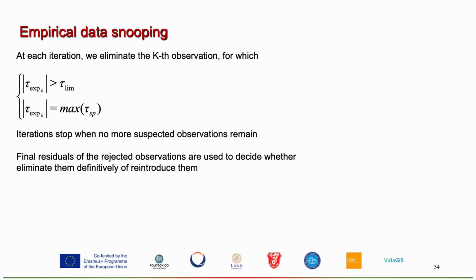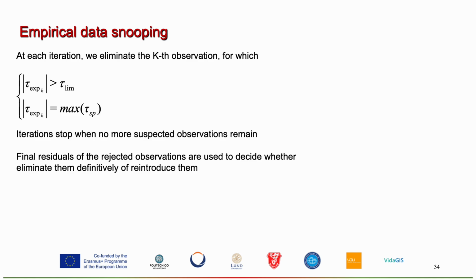Empirical data smoothing is performed in an iterative way. The idea is as follows. At the first iteration, you compute all the residuals. You divide all the residuals by their standard deviations. So you obtain the so-called normalized residuals.